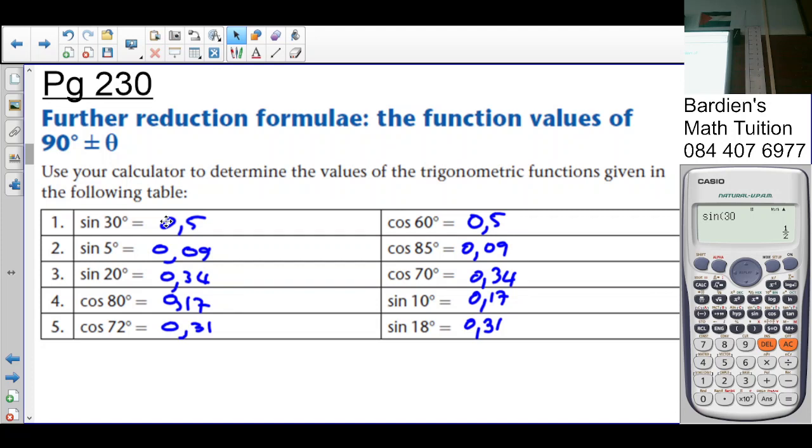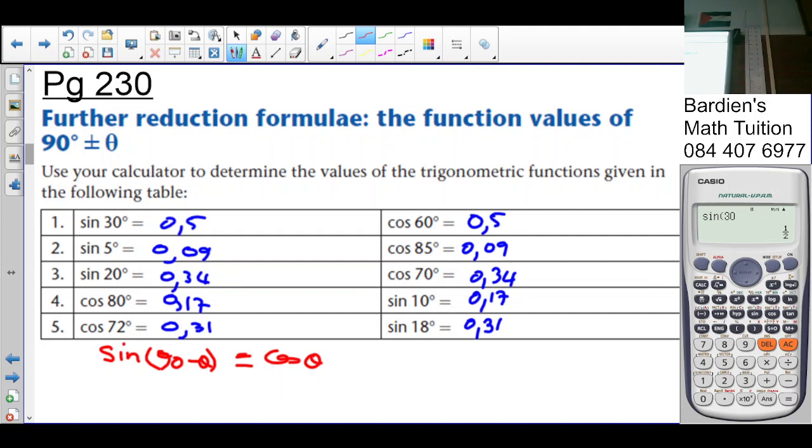So that means to say that in general terms, if we have sine of an angle, it would be the same as cos of its complement of that angle. Okay, so in other words, sine of 90 minus theta is equal to cos of theta.